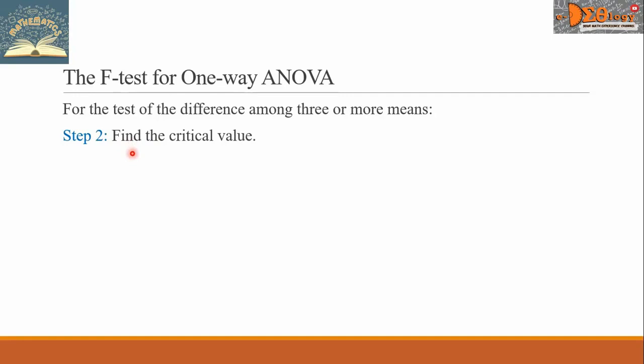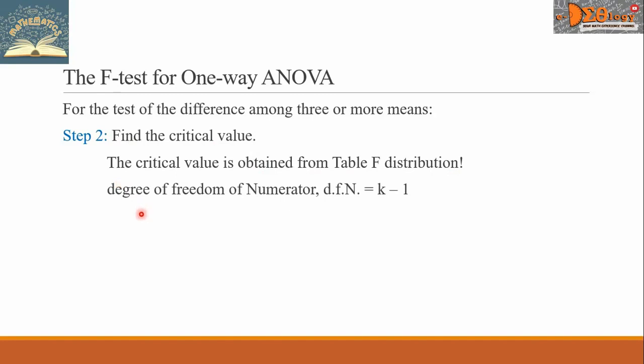Step 2. Find the critical value. The critical value is obtained from the F distribution table. In finding the value, we must first compute the degrees of freedom of the numerator, denoted by dfn, and this is equal to k minus 1.